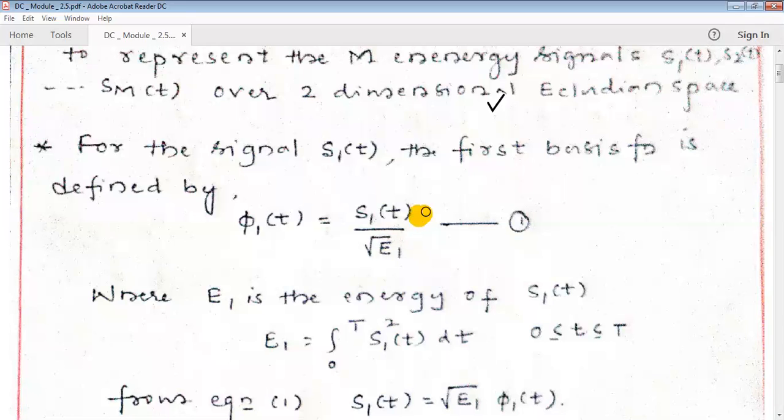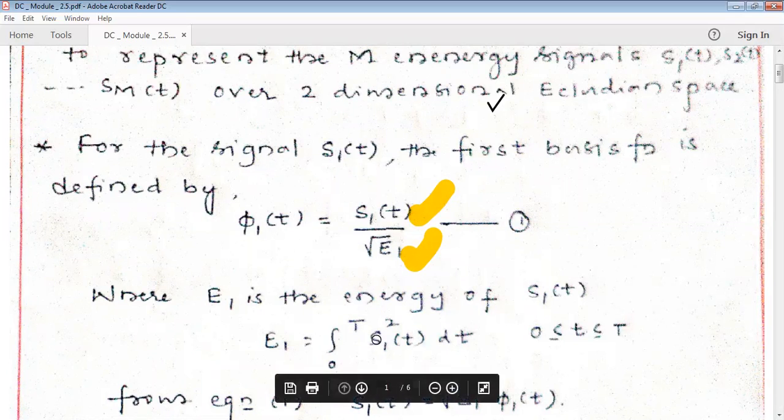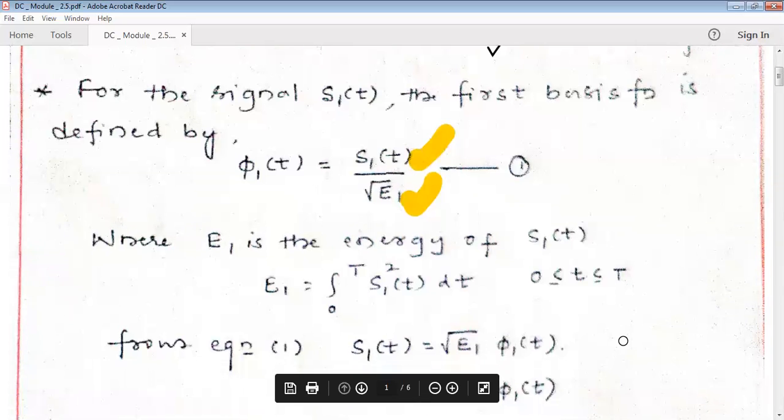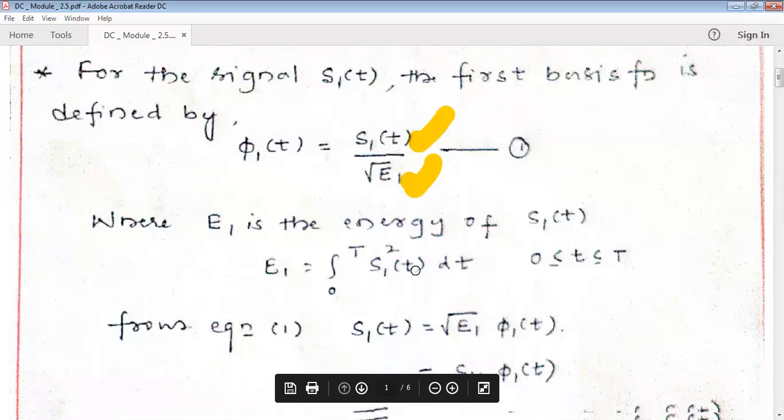So s1 of t is the first energy signal, divided by the square root of the energy of the signal s1 of t, where E1 is given by the integration of the squared signal with respect to time dt over 0 to capital T, where capital T is the duration of signal s1 of t.